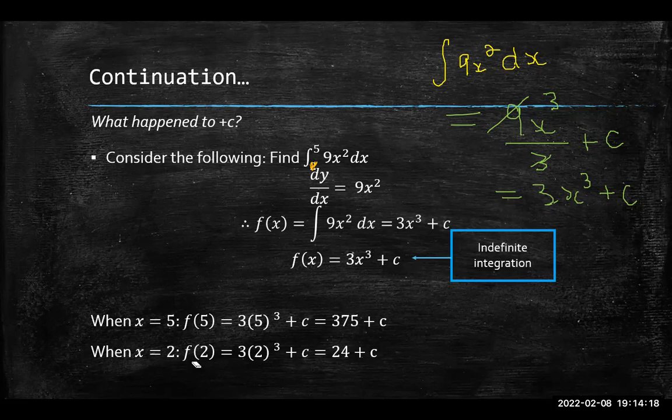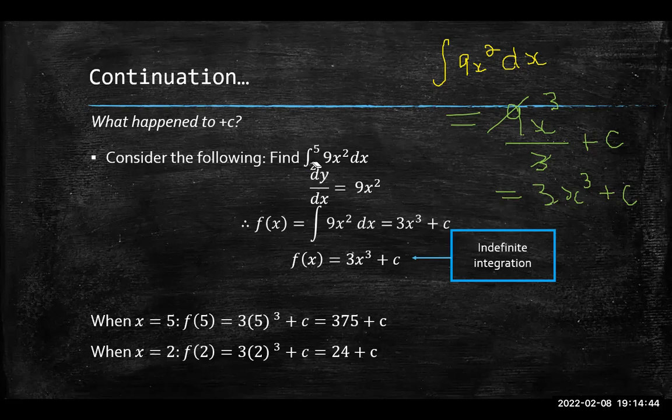And then they told me x is equal to 5. So to find f of 5, wherever I see x in this function, I replace it with 5. So if f of x is equal to 3x cubed plus c, then f of 5 is equal to 3 times 5 cubed plus c. All I did was replace the x with a 5. I simplify this, I get 375 plus c.